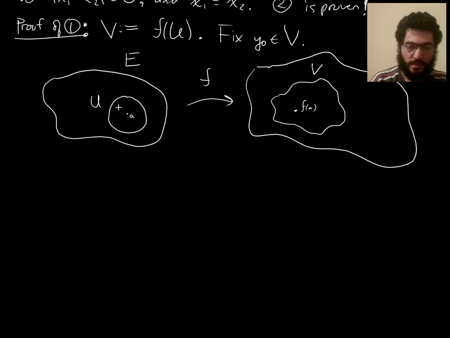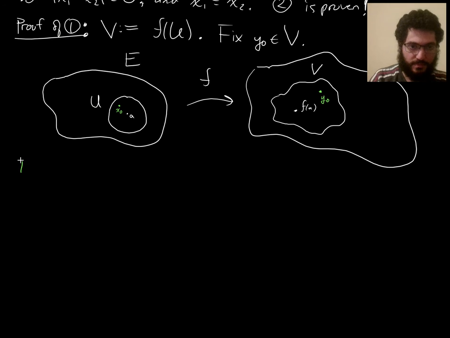So f is a bijection from U onto V. And we have picked some random y naught in V. F is a bijection from U onto V, so there's one and exactly one, let's call it x naught, such that f of x naught is y naught.